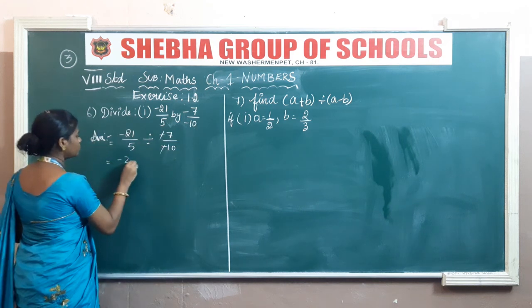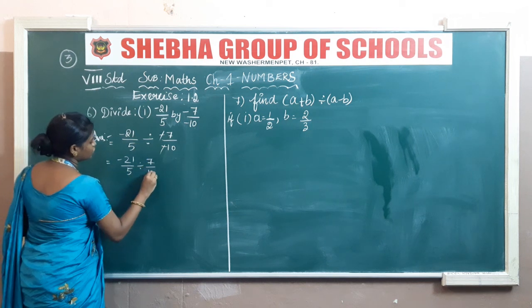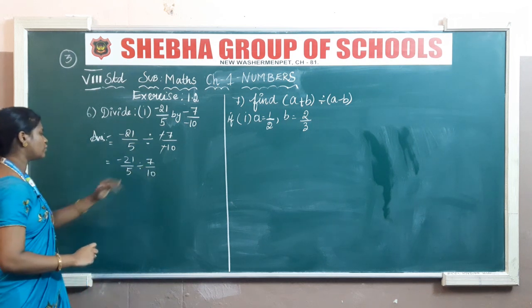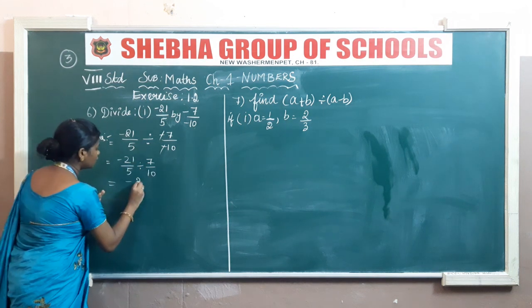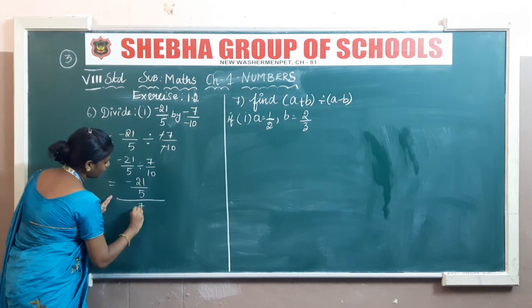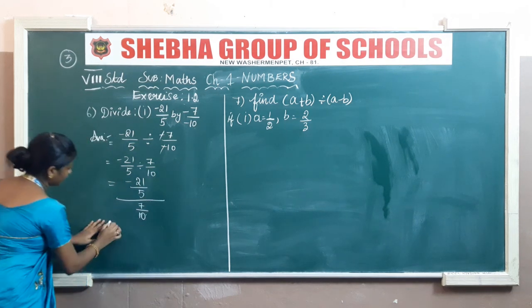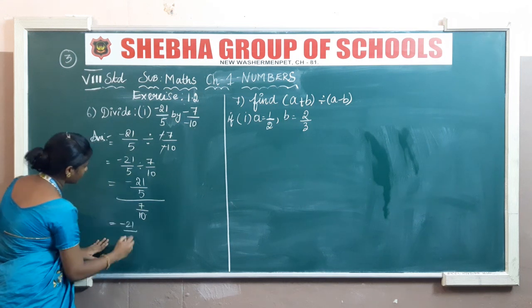So we write minus 21 by 5 divided by 7 by 10. Divided by means we have to divide these values. First we have 21 by 5 whole divided by 7 by 10, so we write the first rational number 21 by 5.